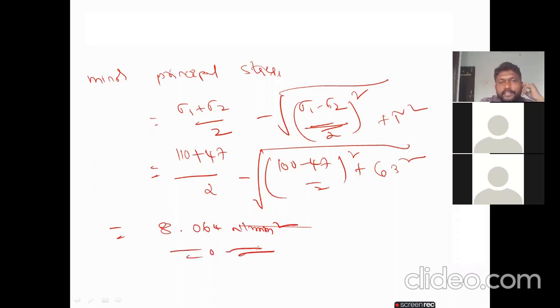So the answer is 8.064 Newton per mm square. Okay. So after this one, major principal stress, principal strain. What they are asking is the direction and magnitude of each principal stress. So for the direction, we have an equation: tan 2 theta equal to 2 tau by sigma 1 minus sigma 2.